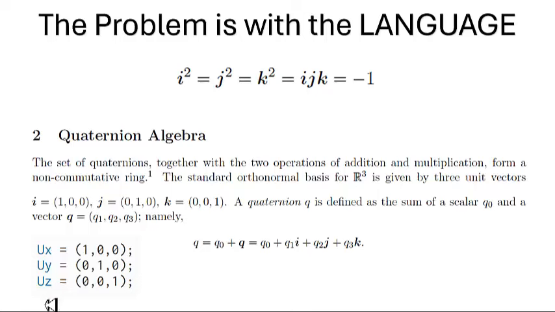So associating this with x, y, z is a better idea in terms of the language. And then I would still use the i, j, and k for the quaternions, because there's just too much language surrounding that, and I would keep that, but I would relabel the i, j, and k here. That's what I would do if I was writing this paper to clearly distinguish between these two scenarios.